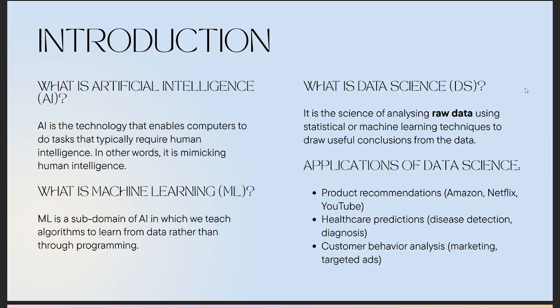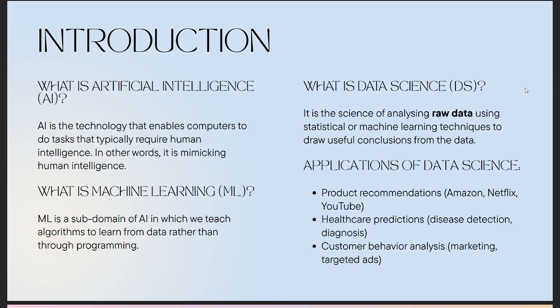Next, what is machine learning? Machine learning is nothing but a subdomain of AI in which we teach algorithms to learn from data rather than through programming. So, in traditional computer science algorithms, we code the logic in the program. So, let's say we have an algorithm, we will feed it some input. There will be some logic through which the algorithm is going to give us some output.